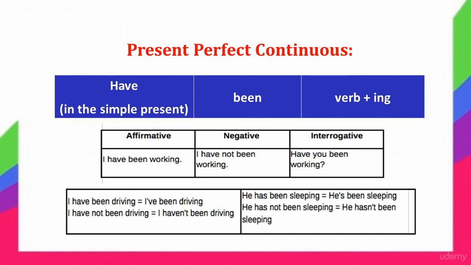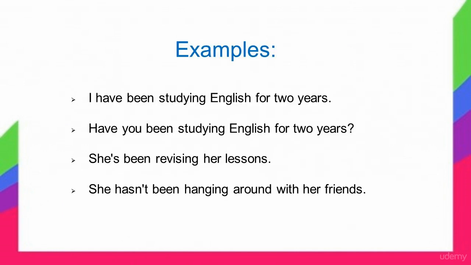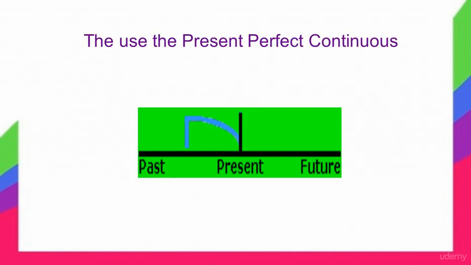See the examples. Here are some more examples. I've been studying English for 2 years. Have you been studying English for 2 years? She's been revising her lessons. She hasn't been hanging around with her friends.